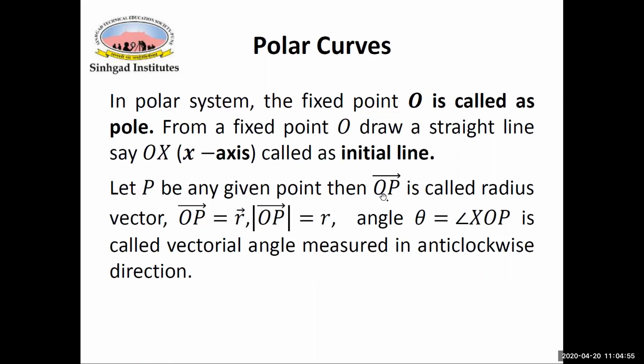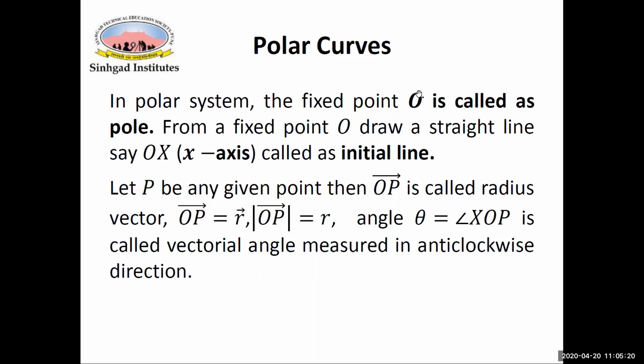Then, if P is any point in the plane, OP bar is called the radius vector, denoted by R bar. Its amplitude is r, and angle XOP is the vectorial angle denoted by theta, and it is always measured in the anti-clockwise direction.